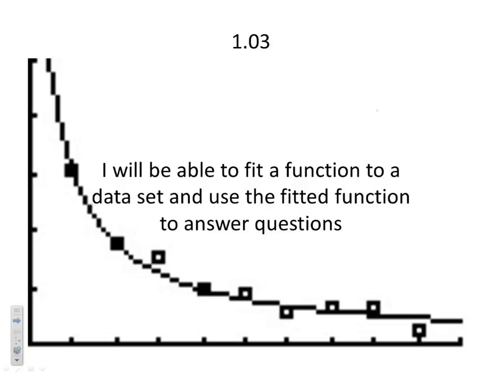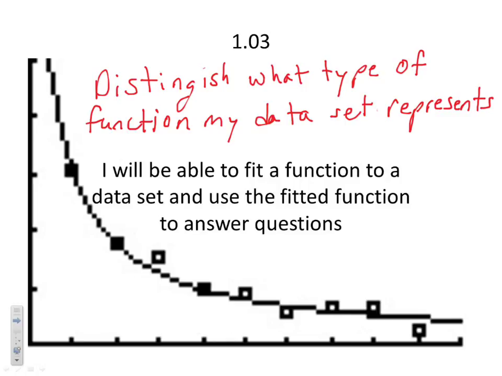But today we're focusing on linear and quadratic. I wrote that out for you. So distinguish what type of function my data set represents. That's our goal for today, which is related to our ultimate goal for this lesson.